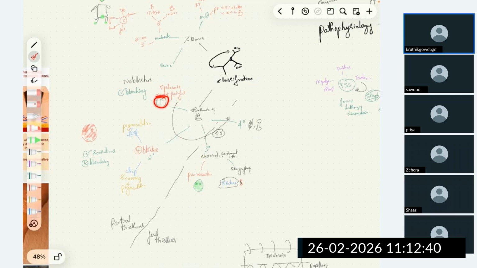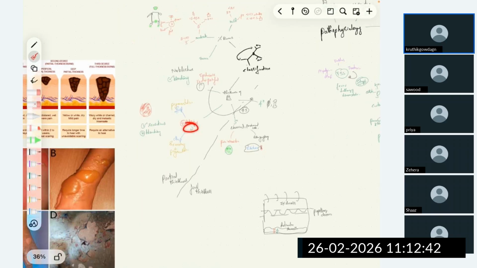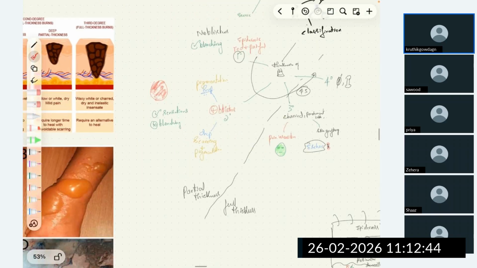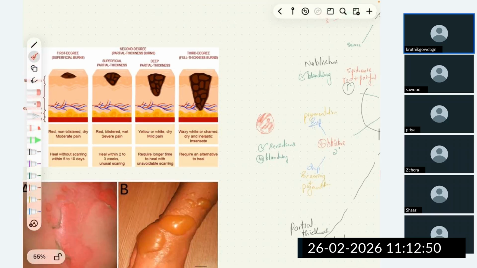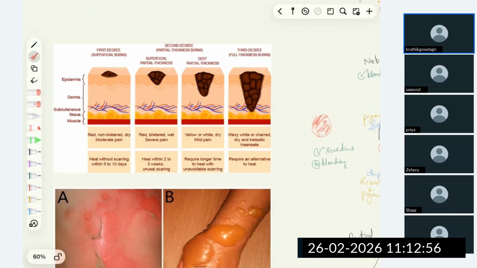Let's see second degree burn. Second degree burn is in turn classified into superficial second degree burn and deep second degree burn. Superficial second degree burn involves complete epidermis and part of papillary dermis.